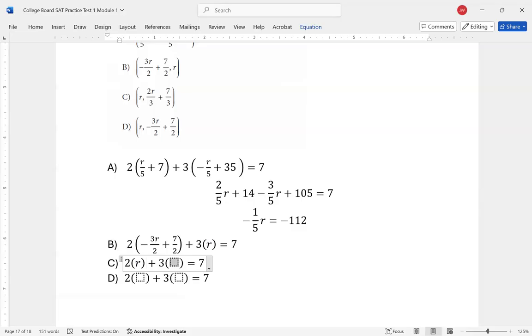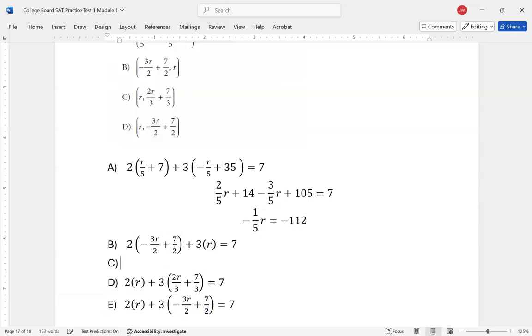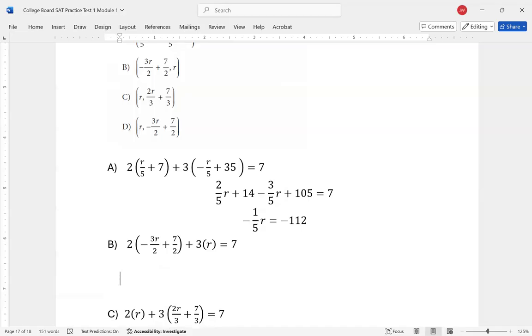The y value is 2r over 3 plus 7/3. And for D, the x value once again is r, and the y value is negative 3r over 2 plus 7/2. And then we go ahead and simplify.